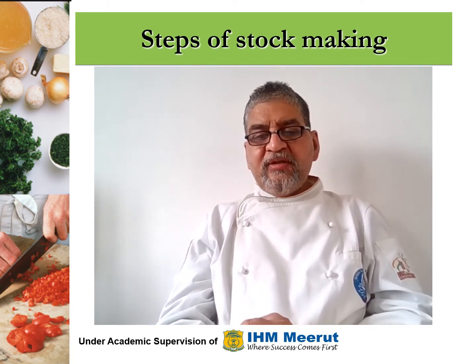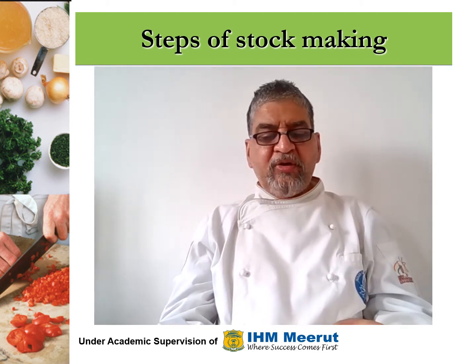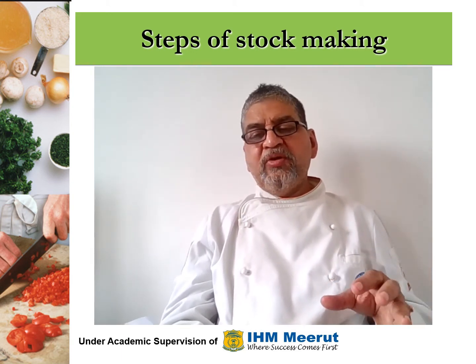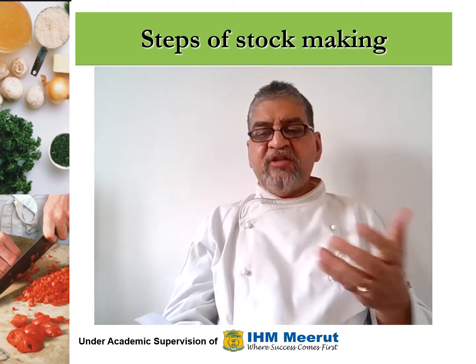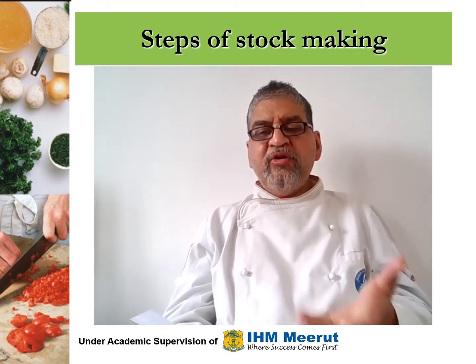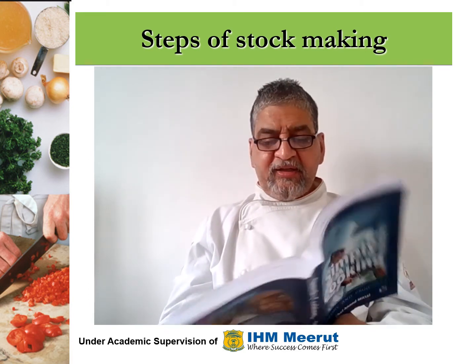The golden rule of stock making is to please keep on removing the froth from the top, because the froth is the dirt which is coming out, and if it is allowed to remain in the stock, it will make your stock cloudy or unclear.